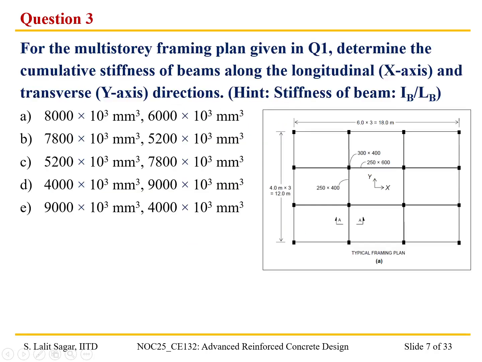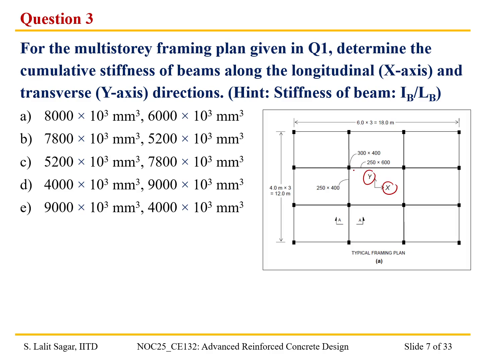Moving on, let us look at the third question now. For the multi-story framing plan given in question 1, determine the cumulative stiffness of the beams along the longitudinal and the transverse directions. Longitudinal refers to the x-axis and transverse refers to the y-axis. So earlier we determined the cumulative stiffness of the columns along both directions.